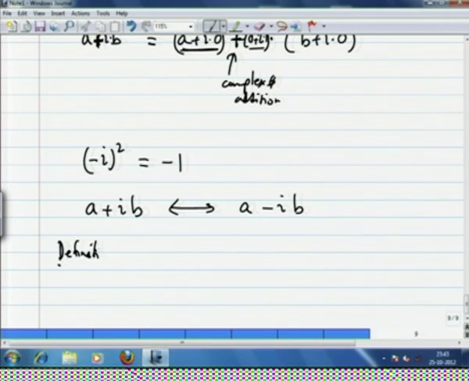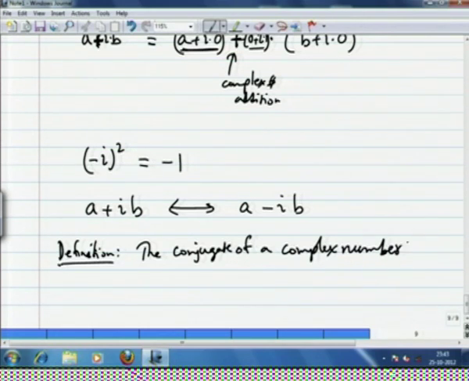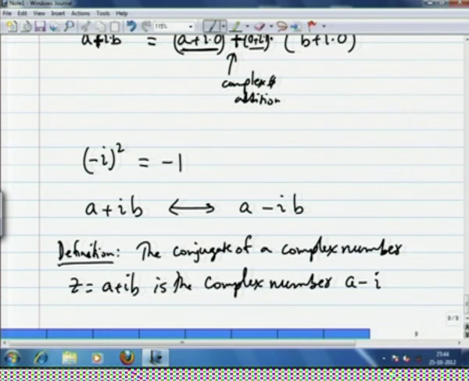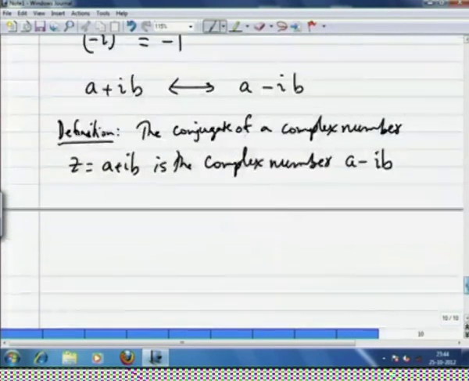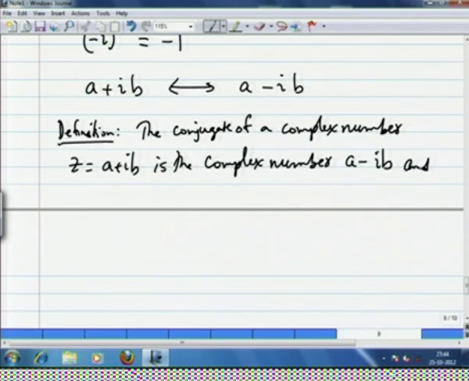So, owing to that motivation, what we will do is we define, the conjugate of a complex number z equals a plus i b, is the complex number a minus i b, and is denoted by z bar.